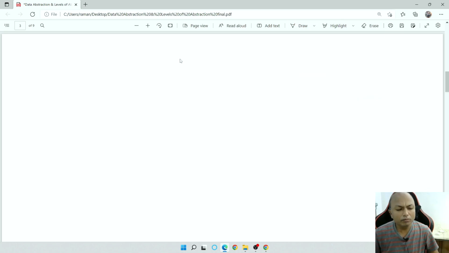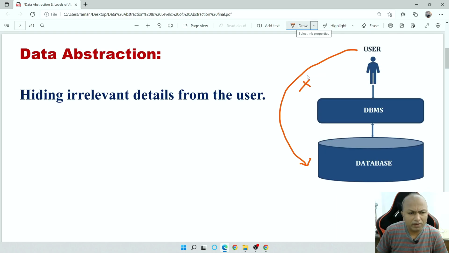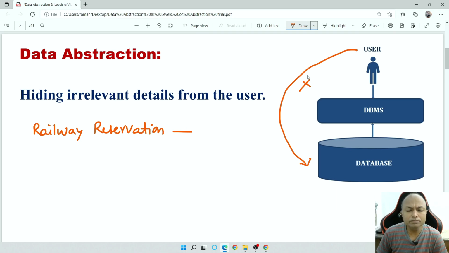Then, for example, you can take railway reservation. There, we are going to book a ticket. That means we are accessing the data of railways, but we don't know where the data is actually stored. With this abstraction, we hide the information about where the data is stored. Let us consider another example, online banking.